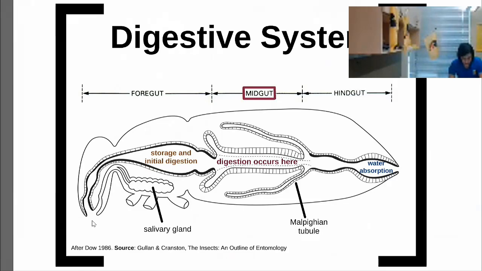If this person is sick, it will ingest the blood with the virus or the other pathogen. The virus will migrate to the blood circulation of this pest, and then it will migrate to the salivary gland. The virus will be stored here.